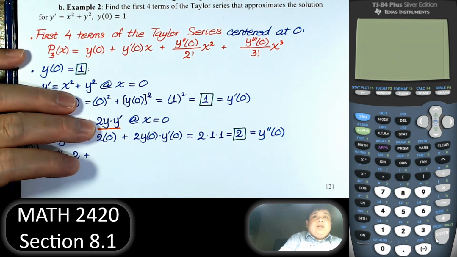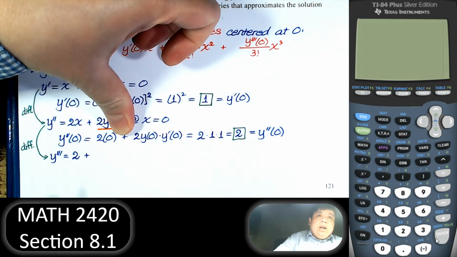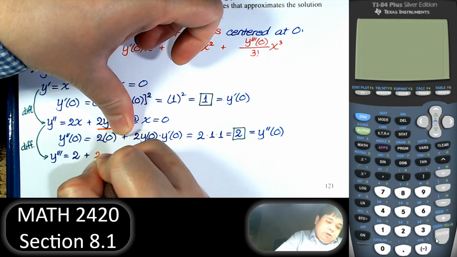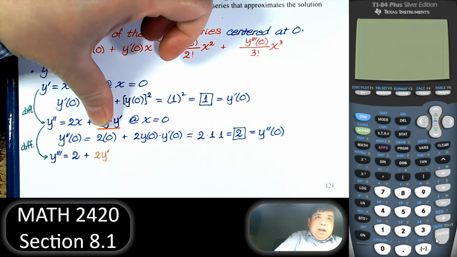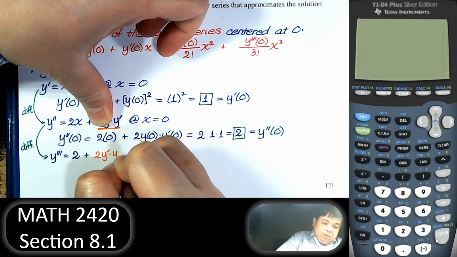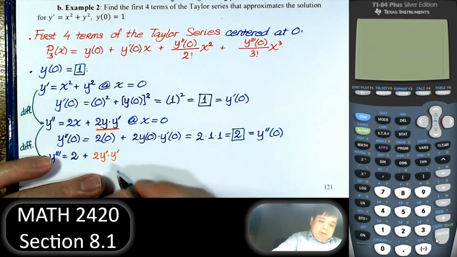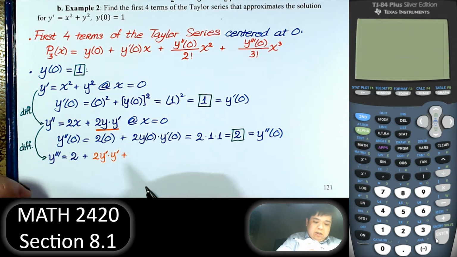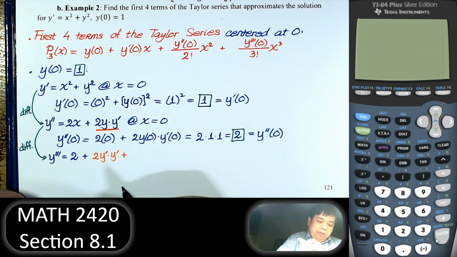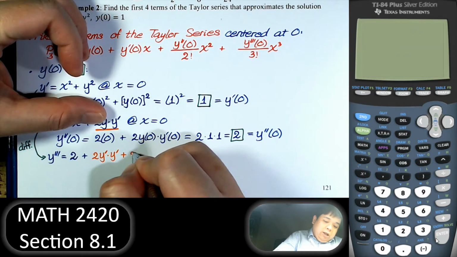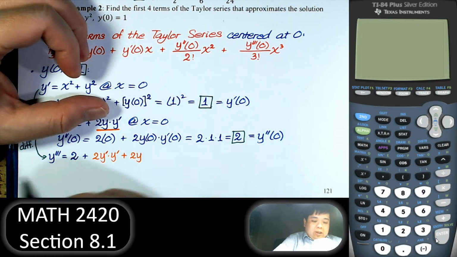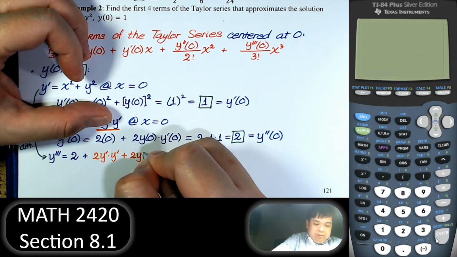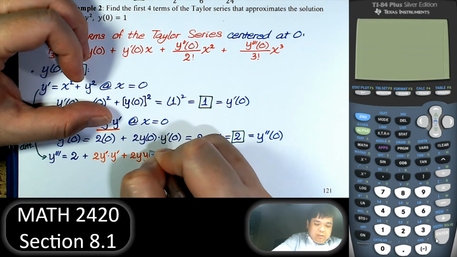So first, the derivative of 2y is going to be 2y prime, and then we have y prime, right? And then plus 2y and then y double prime.